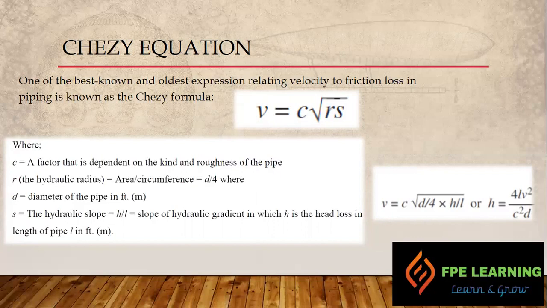D is the diameter in feet, and S is the hydraulic slope, height H by L. If you put all those values into the same equation, we get V equals C under root D by 4 into H by L, or we can rearrange the formula as H equals 4LV squared over C squared.